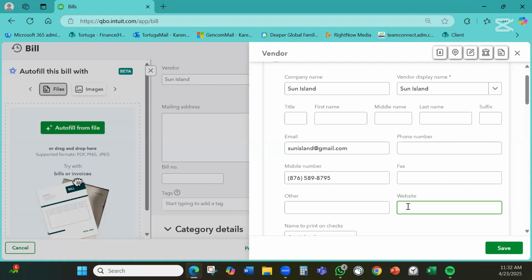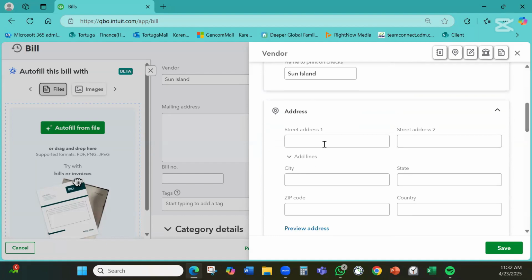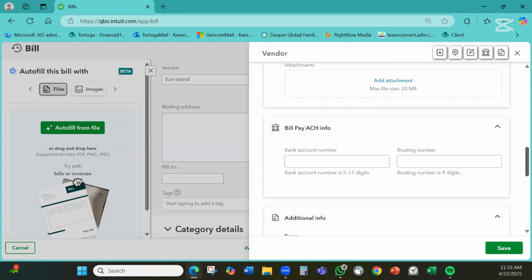And the website. And you put in whatever information. All right, and that would be it.